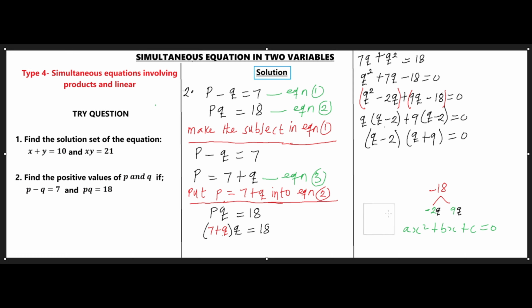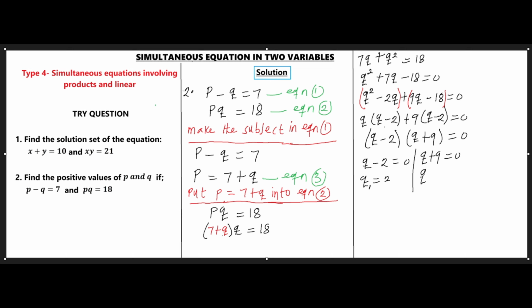Now let's solve for the possible values of q. The first factor, q minus 2 equal to 0. So we have q is equal to positive 2. So that is the first value of q. And then we also have q plus 9 is equal to 0.